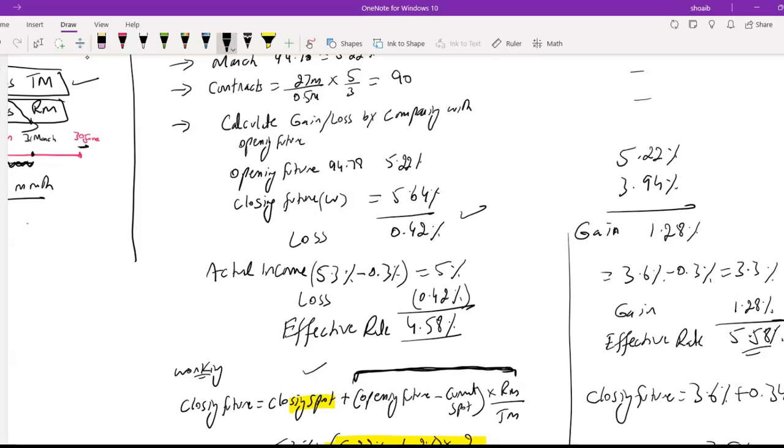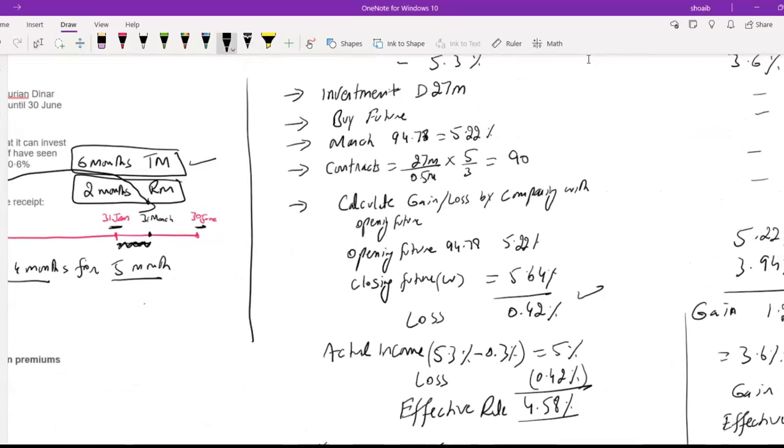Okay, guys. Okay. Number one correction. This is 4.58.